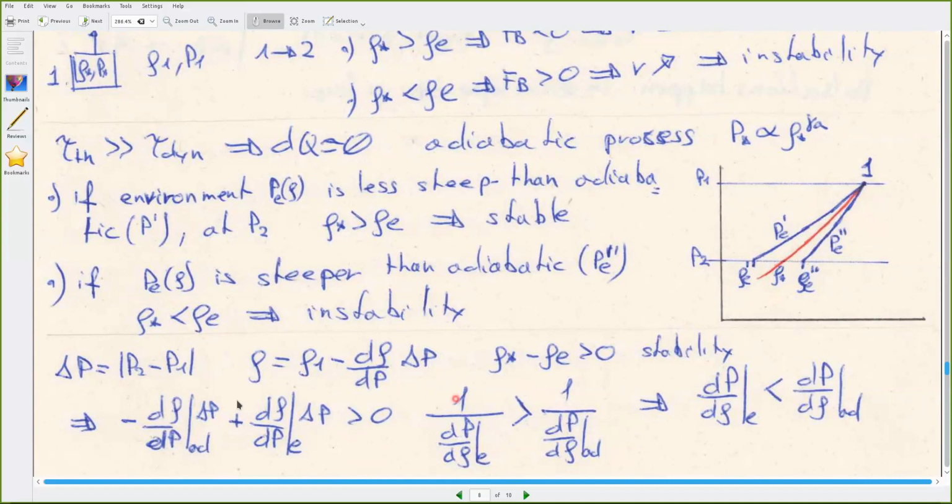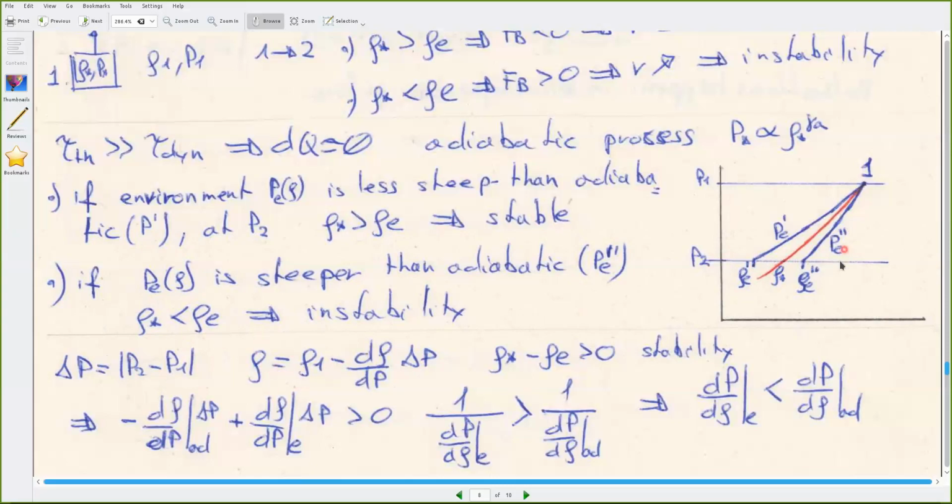To see it mathematically, we can do an approximation. We have point 1. From here to here, we have a delta, a certain value P2 minus P1. It will be negative, but in absolute value it's positive, which makes it a little easier.